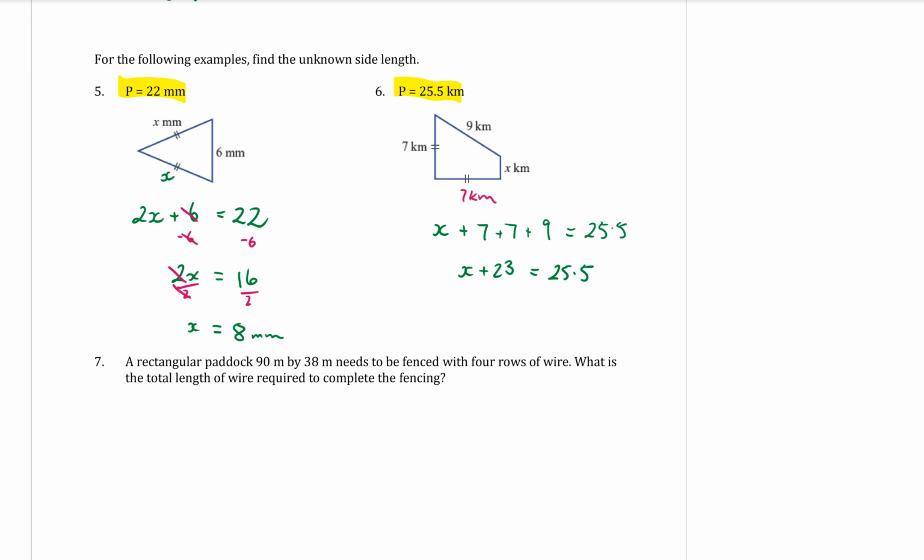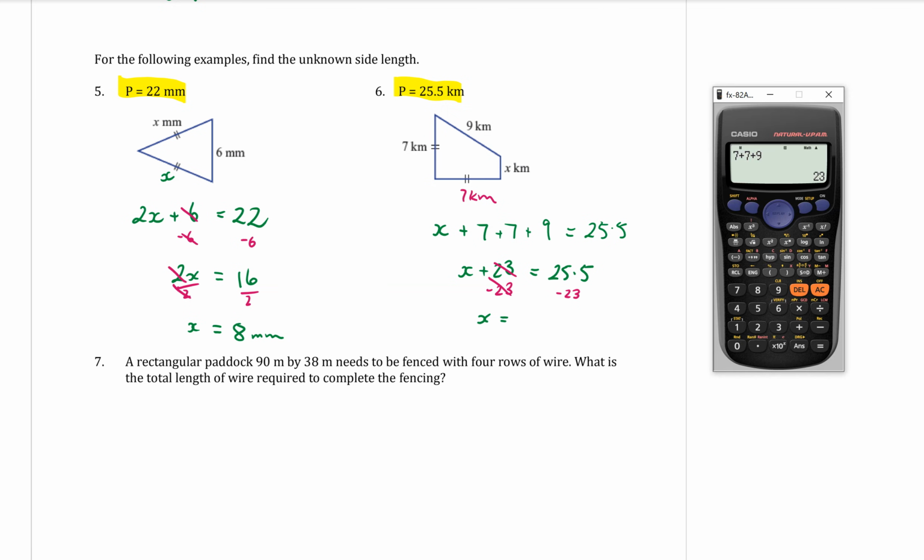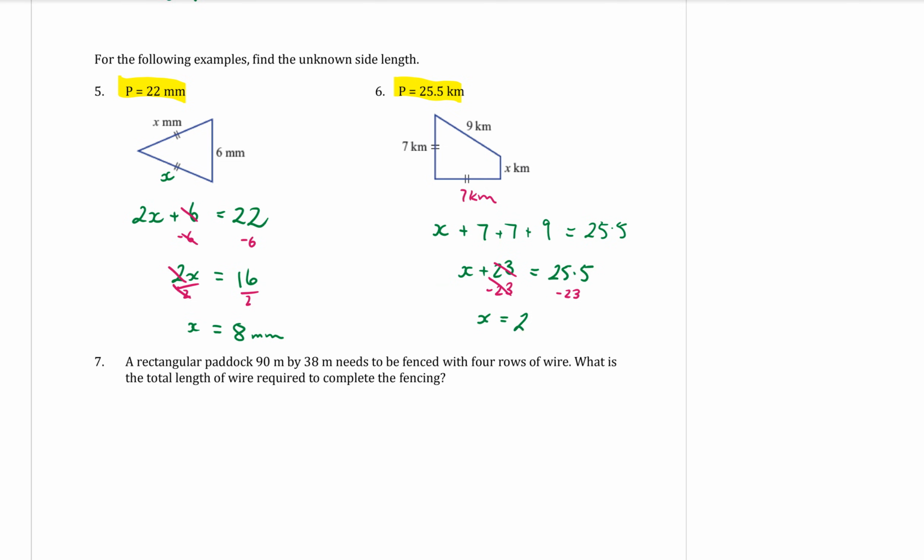I want to get the x by itself, so I'm going to subtract the 23. Get rid of that. x is equal to 25.5 minus 23, which is 2.5 kilometers this time.